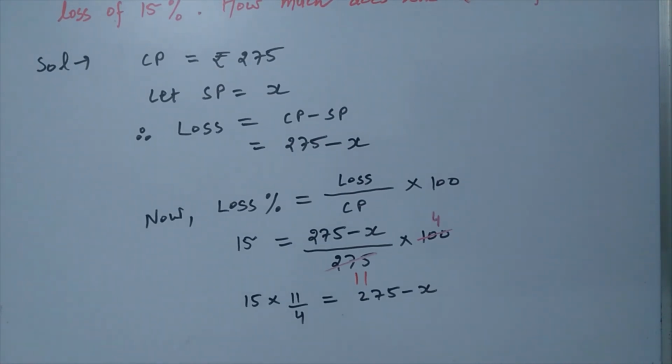That means 4 we can multiply here. 11 into 5, 55. 11 into 1, 11. 11 plus 5 is 16 is equal to 5 into 4, 20.